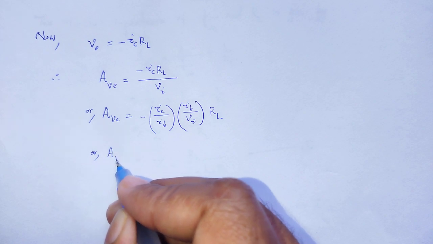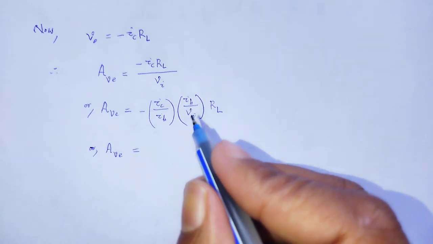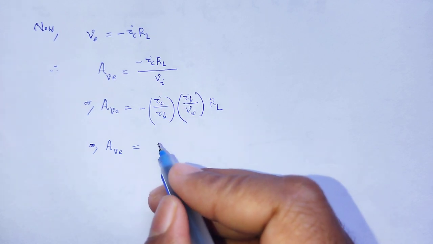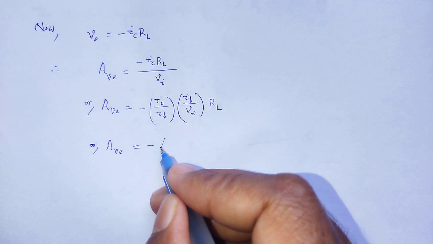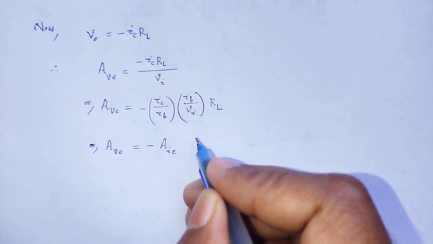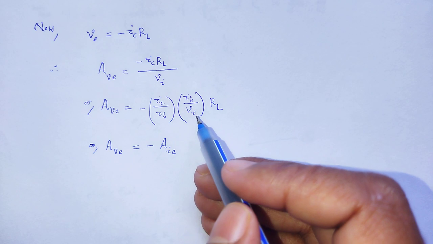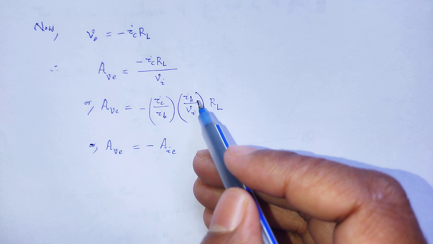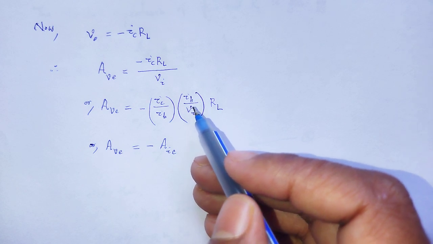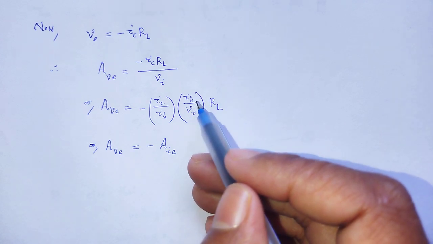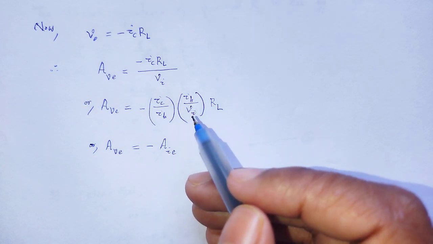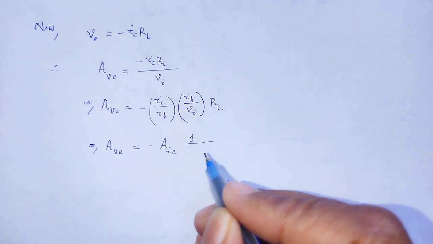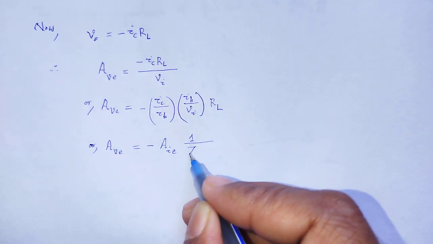Next, IC by IB, output current to input current, is the current gain expression AIE. Next, VI divided by IB, input voltage to input current, is the expression for input impedance, so it is written as 1 divided by the expression for input impedance.